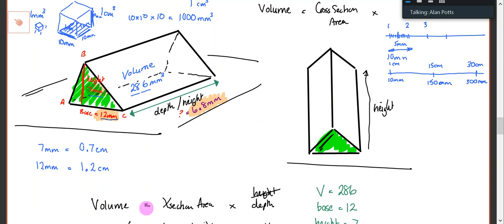So this is only 7, this is 12, this being 6.8, remembering that my diagram is not to scale, because I just drew a random triangular prism. Does it make sense that 6.8 millimeters goes with a 12 millimeters and a 7 millimeters? Do you think?